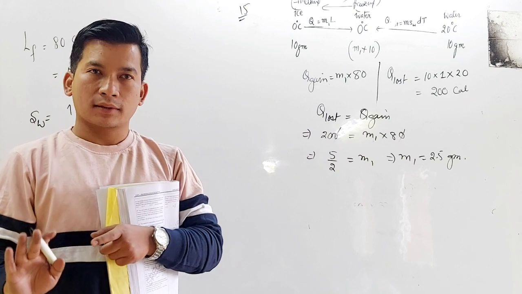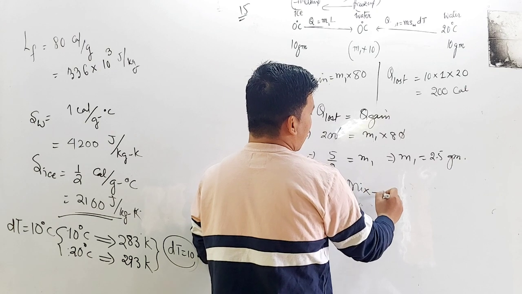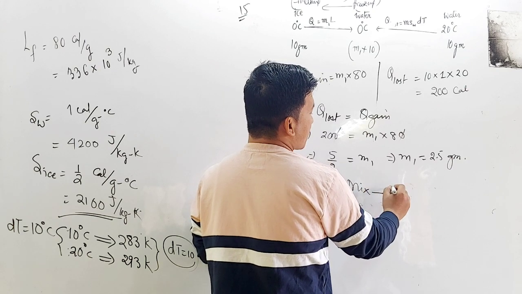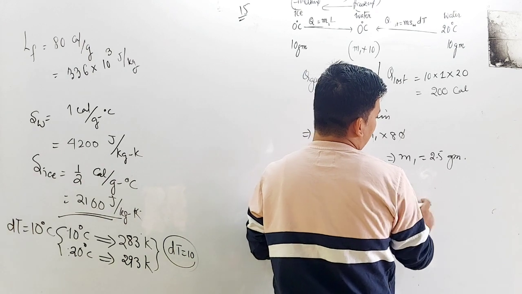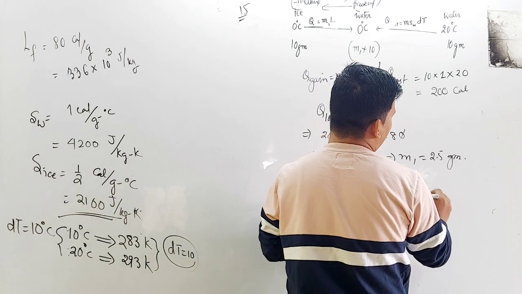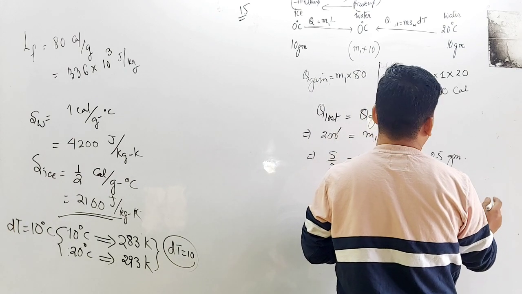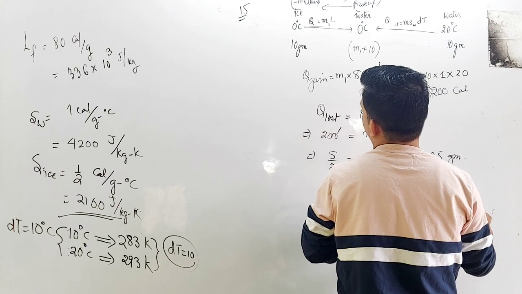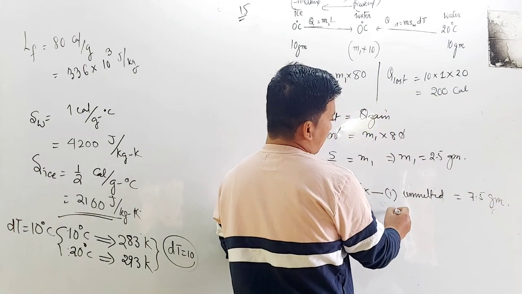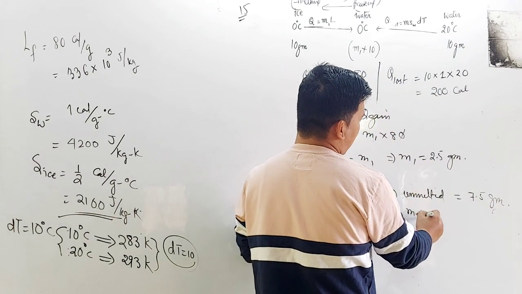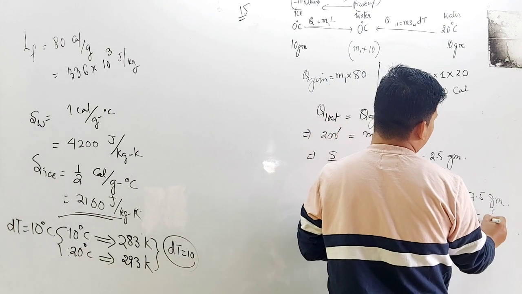Now, what is the amount of ice in the mixture? Number 1, the unmelted ice will be 7.5 gram. Next, the melted ice will be equal to 2.5 gram.